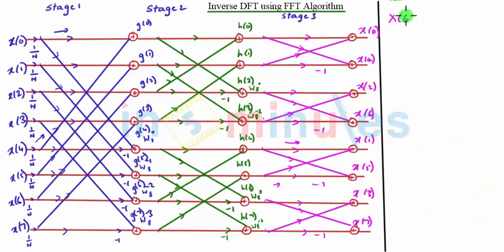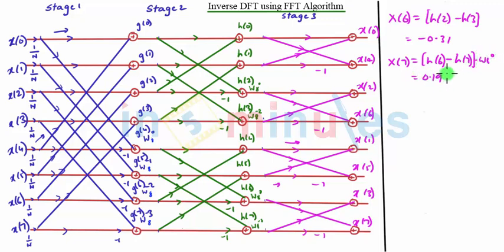X of 6 is equal to h of 2 minus h of 3 multiplied by w raised to 0, that will give us minus 0.31. And finally x of 7 is equal to h of 6 minus h of 7 multiplied by w raised to 0, that is 0.19 plus 0.7, that is 0.89.